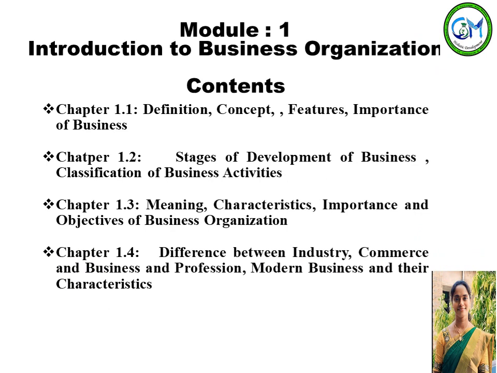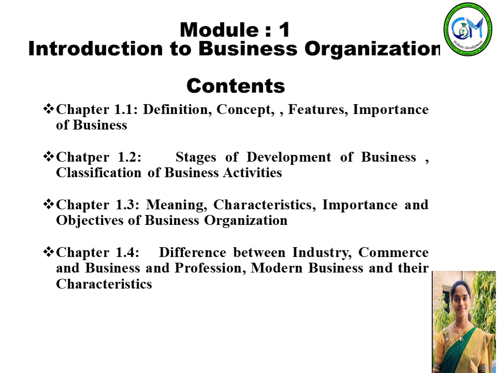Module 1, Introduction to Business Organization, contains 4 chapters. First chapter: definition, concept, features, importance of the business. In the second chapter, we are going to learn about stages of development of business and classification of business activities.